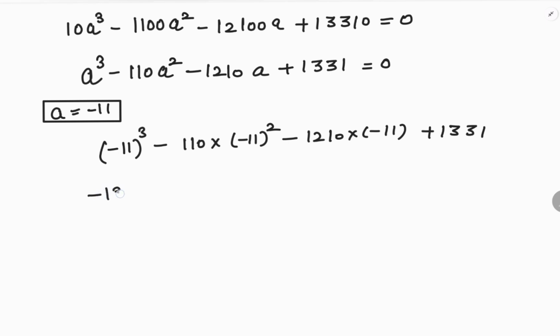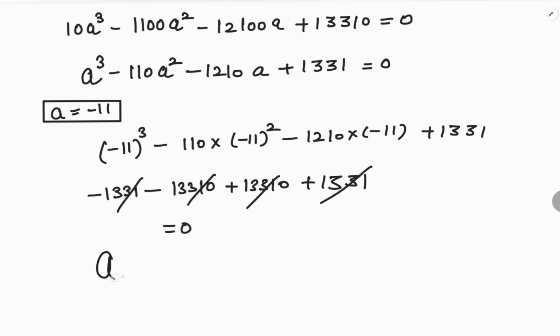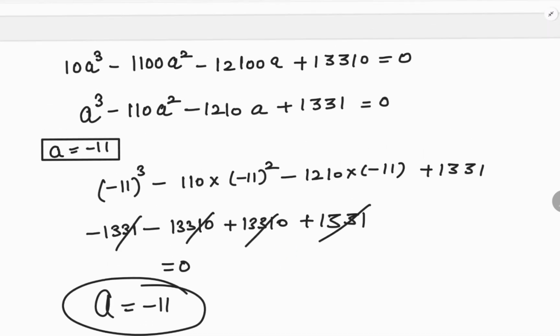This is minus 1331, this will become positive 13310, and this will become positive 13310, plus 1331. Now if we look at this, we get everything cancelled out. That means a equal to minus 11 is the required solution. You can get other solutions as well, but those will not be real.